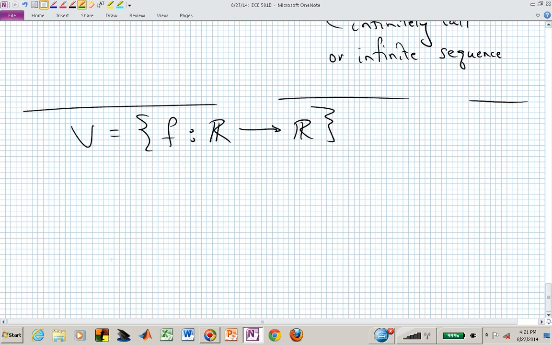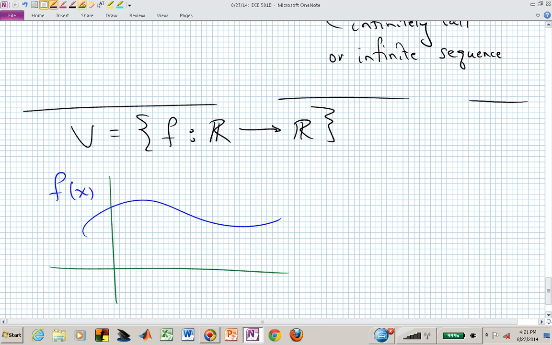Meaning that could be one vector in that vector space, right?